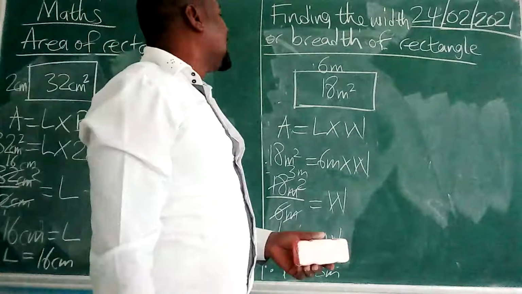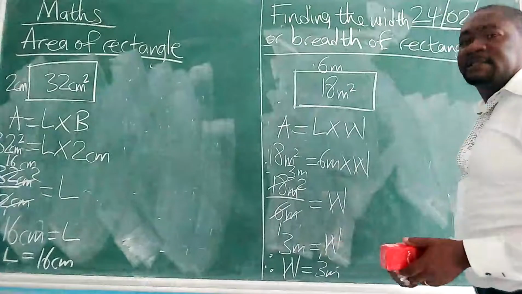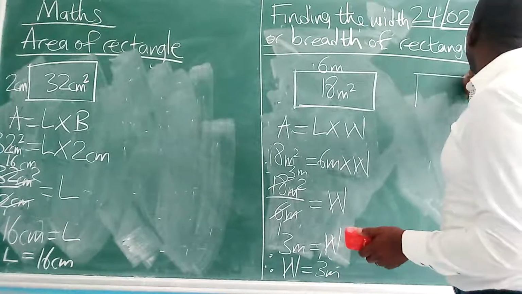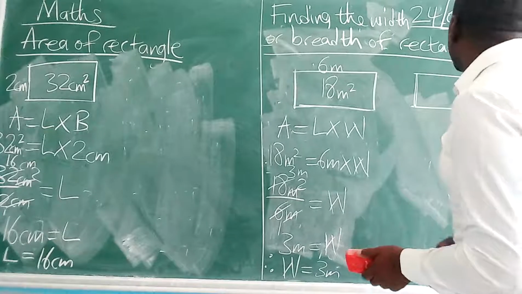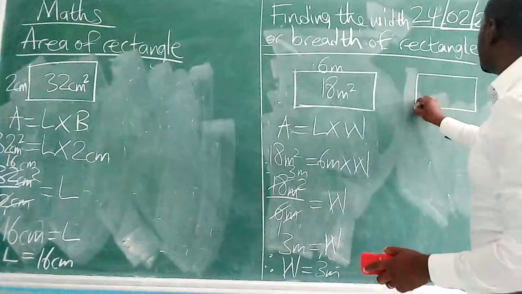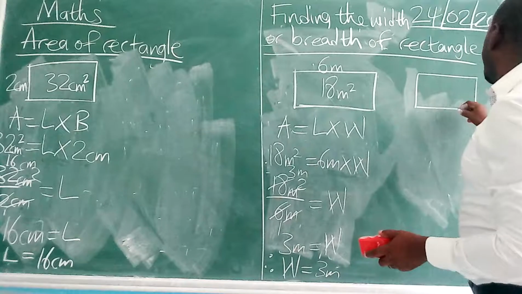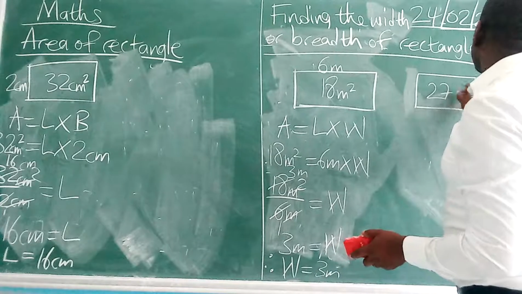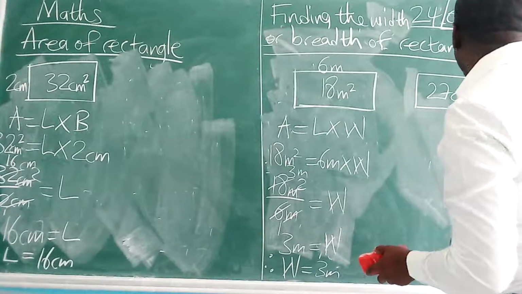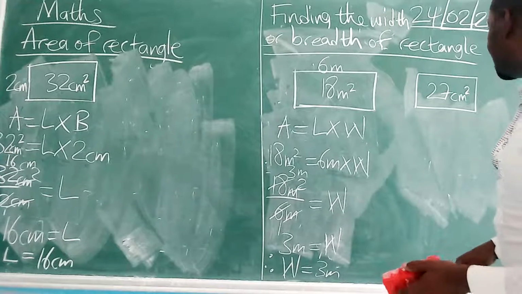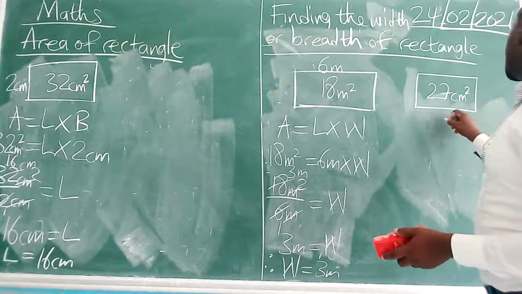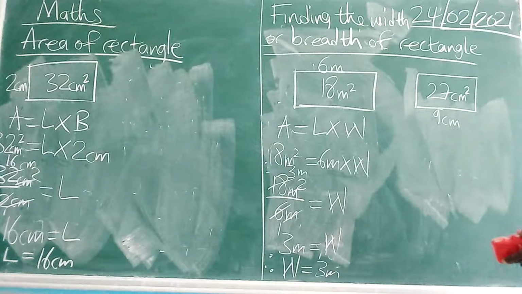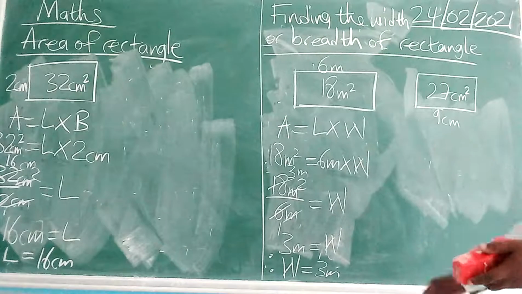Now let's take another example, and then we call it a day. Now we have this rectangle. We have the area being 27 centimeters square, and the length is 9 centimeters. So we have to find the width.